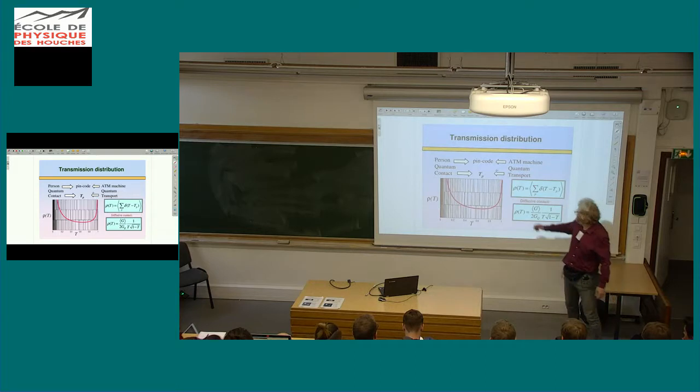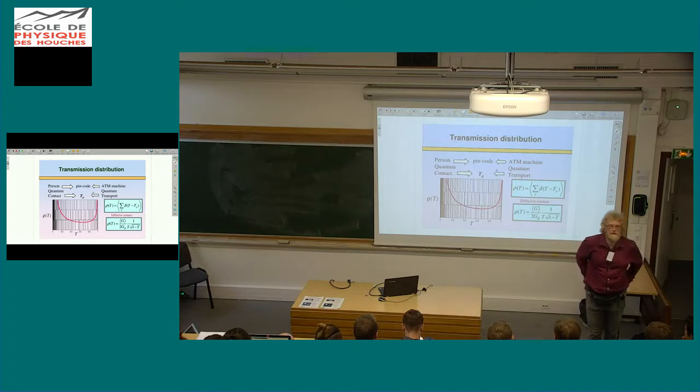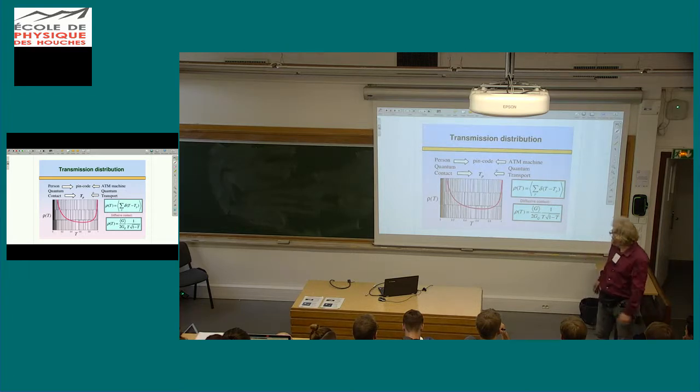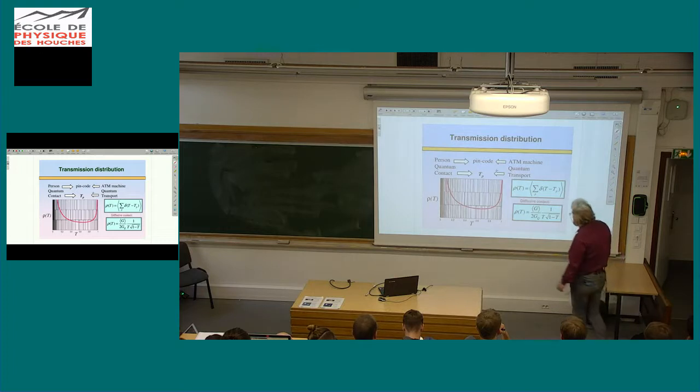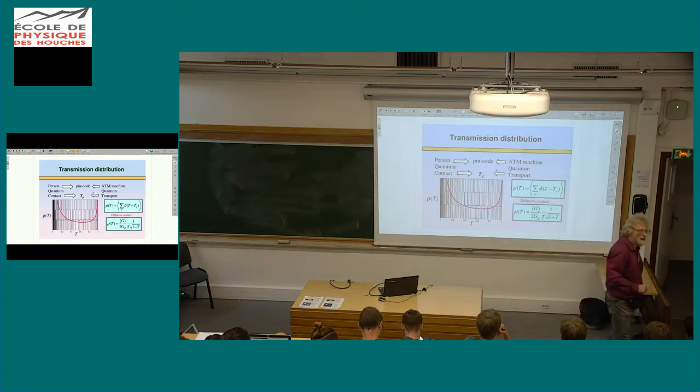So I have a function of the transmission eigenvalue, which is, by the way, plotted here as a pink line. We have enhanced probability for low eigenvalues and for high eigenvalues, transmission eigenvalues close to 1, which is, by the way, typical for a diffusive contact. There is a formula for that, which displays divergences at small and large transmission eigenvalues.